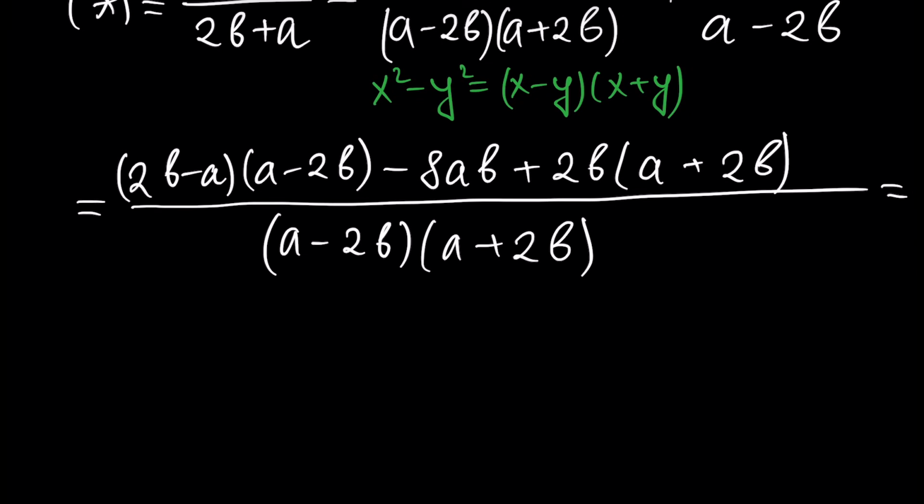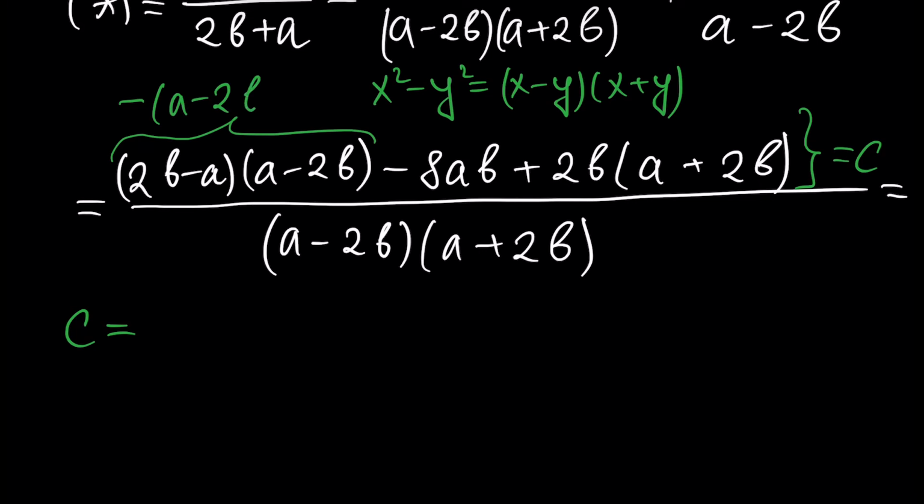Let's denote the numerator of our complicated fraction as C, and write that C is equal to: this term is equal to minus (a minus 2b) squared.